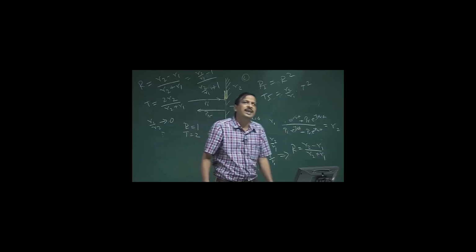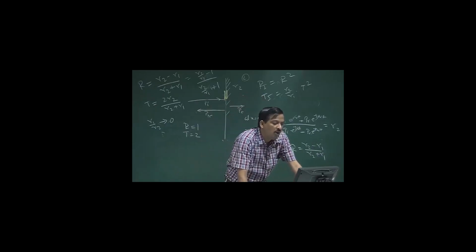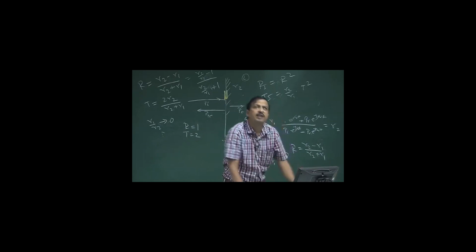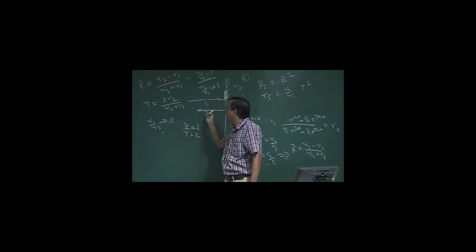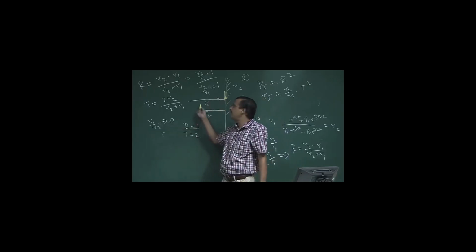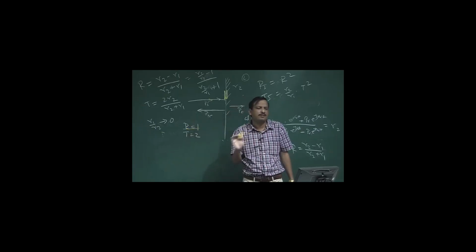What is the meaning? The wave is reflected with no reduction in amplitude, R is 1, and there is no change in phase. The reflected pressure wave and incident pressure wave have the same amplitude and no phase change, because R is plus 1.